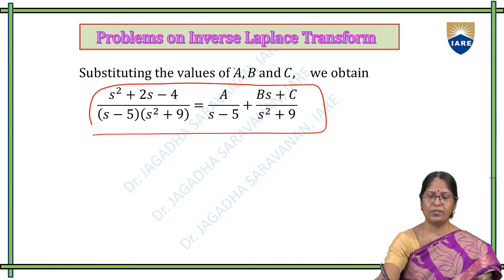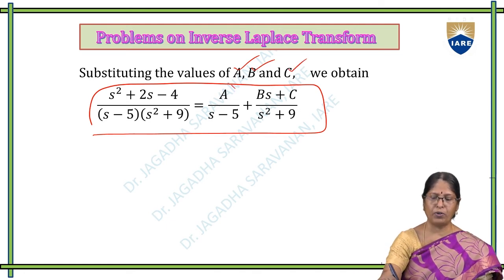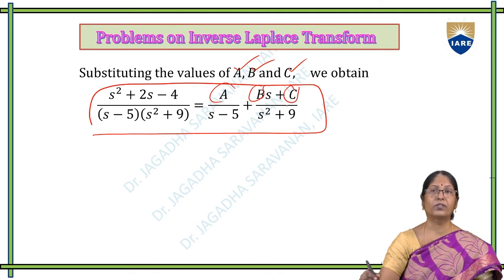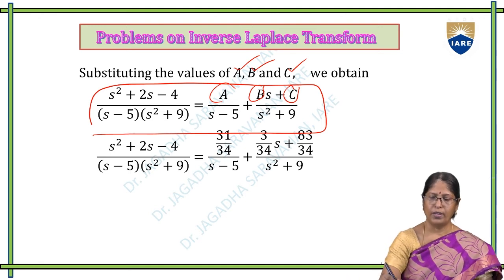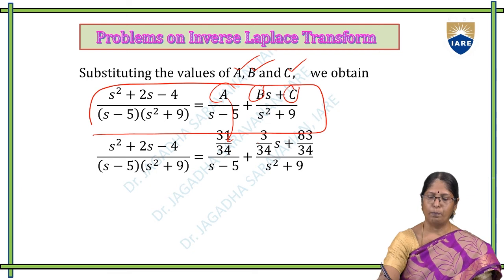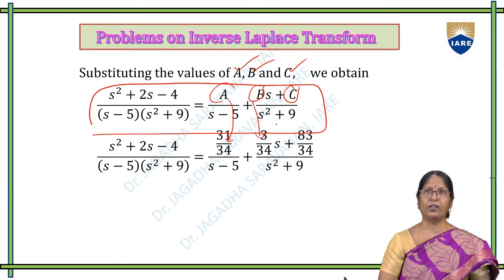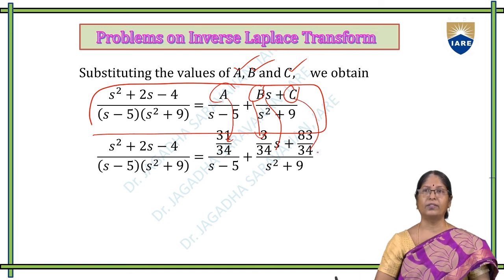We obtained the values of a, b, c, so at those particular places we are going to substitute. What are the results we obtained? So now a is 31 by 34, b is 3 by 34, and s is as it is, and c is 83 by 34.